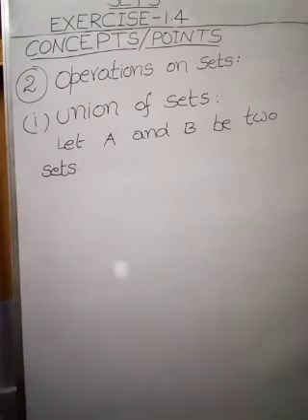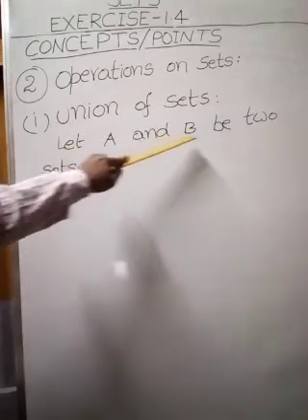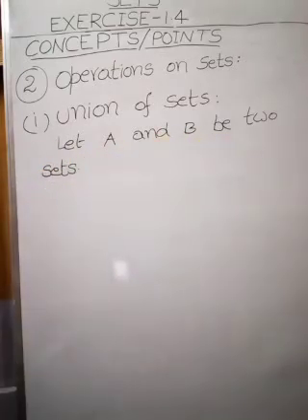Now we define union of two sets A and B. Let A and B be two sets. Then the union of sets A and B is the set which consists of all elements of A and B, the common elements being taken only once.